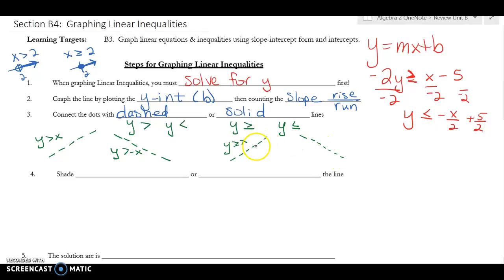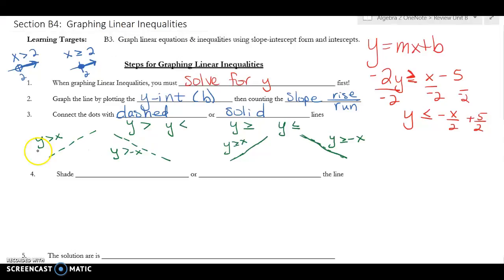Or I could have one go down. I'm going to make it solid because it has the greater than or equal to: greater than or equal to negative x, because it goes down. So you can have the lines go all different ways, but what's underneath the line is what tells you whether or not it's solid or dashed.